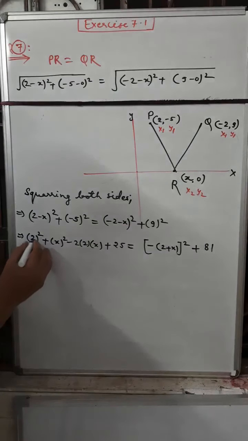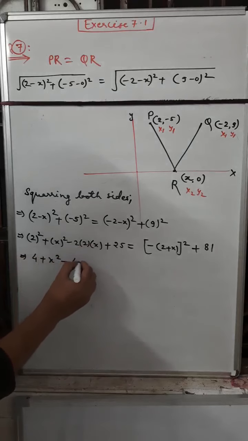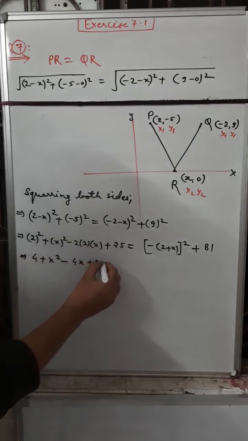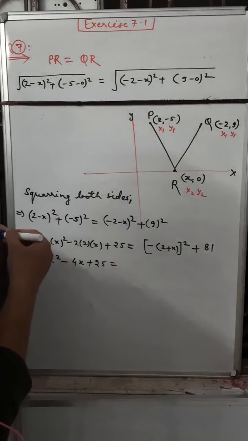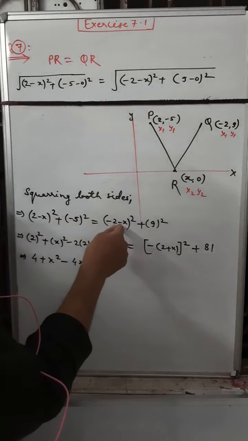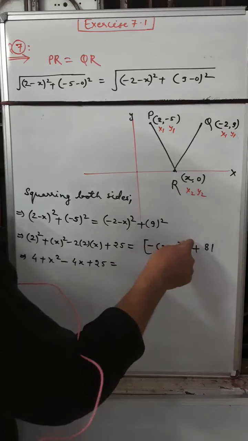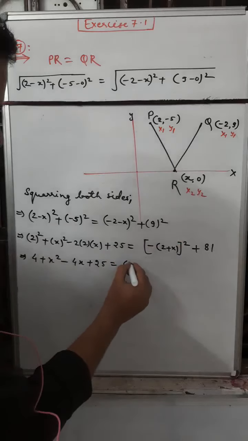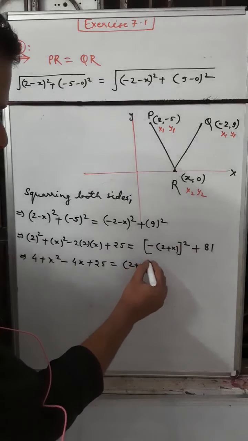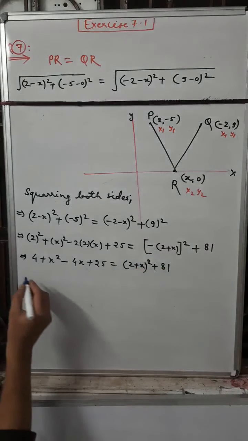So now solve the problem. 2 twos are 4 plus x square minus 2 twos are 4x plus 25 is equal to, now we have taken minus common from the bracket, so outside the bracket minus square will become positive. So we will have 2 plus x whole square plus 81. Again we will use the formula a plus b whole square.